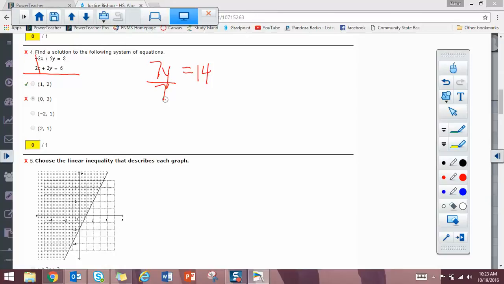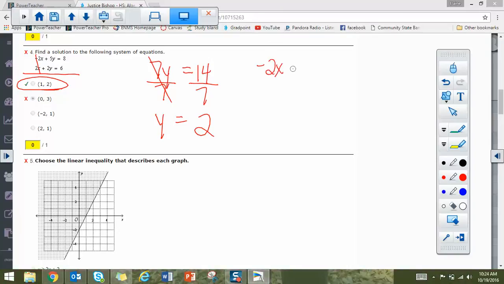We divide both sides by 7, and we get y equals 2. And again, you can see there's only one ordered pair where y equaled 2. But if you needed to find x, you would take the y and plug it back into one of the original equations. So we'll just do the first one, -2x plus 5 times y, which is a 2, equals 8.